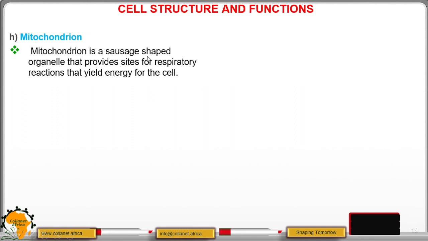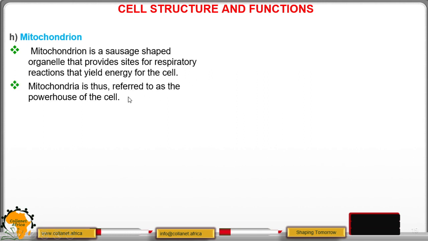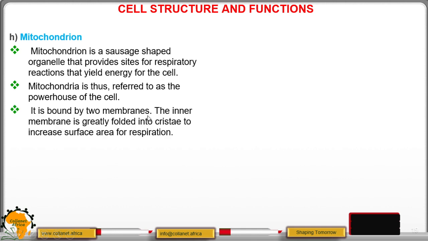and this is sausage shaped to provide sites for respiratory reaction that produce energy for the cell. That is why mitochondria is referred to as powerhouse of the cell. It is because it yields energy.